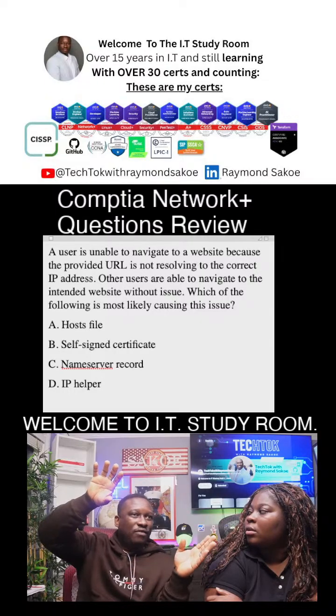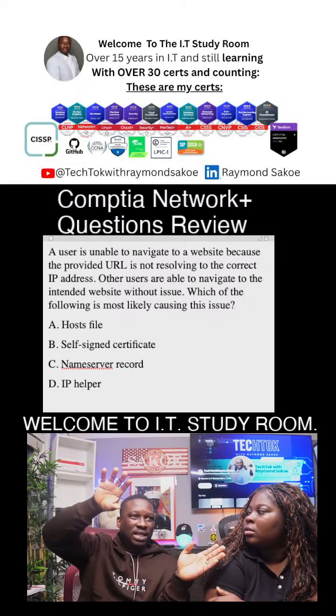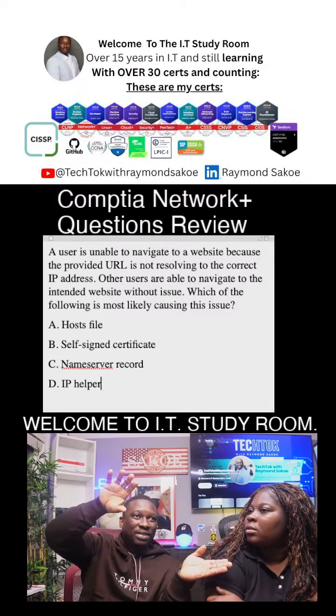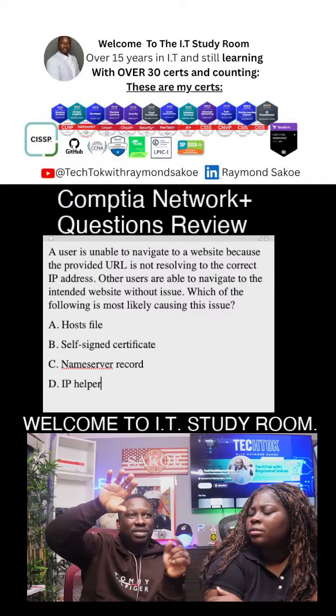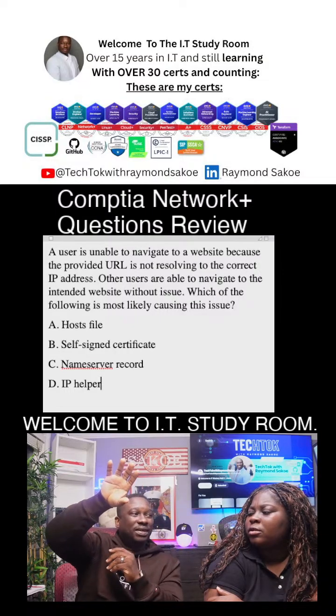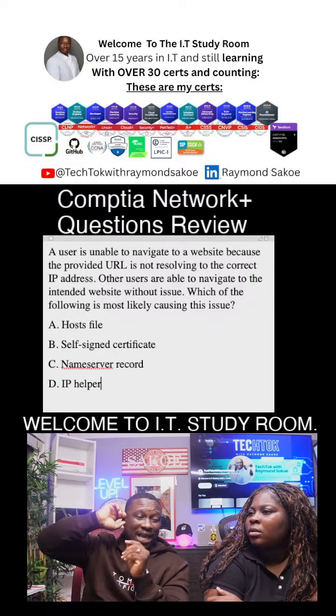If you are in HR and you connect to the HR network, you automatically get an IP address, but instead of getting it on your network, you get an IP address from the centralized DHCP server. So why IP helper?